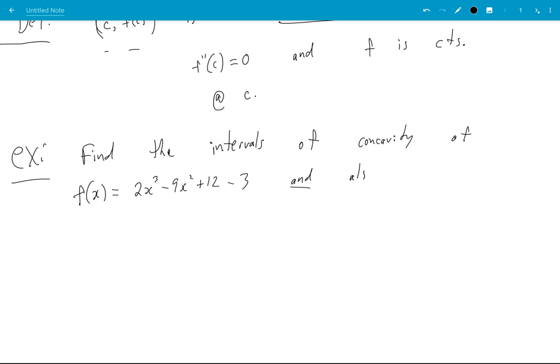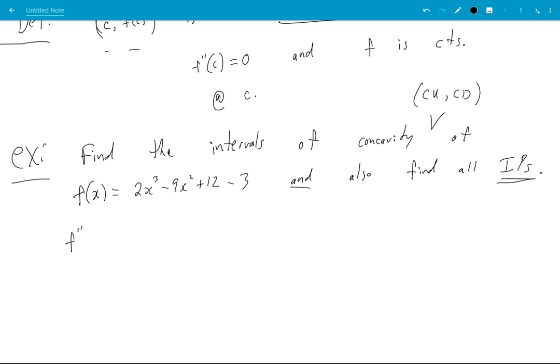And also find all inflection points, IP, inflection point. So when I say intervals of concavity, concave up, concave down. So tell me when it's concave up, tell me when it's concave down. And also find all the inflection points, IP.